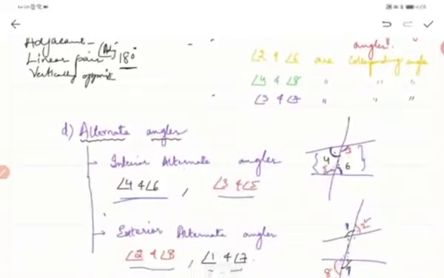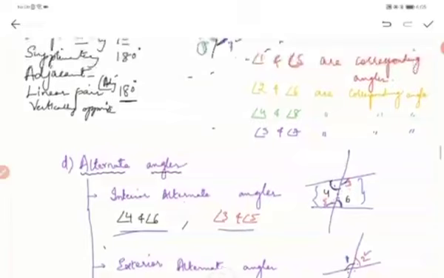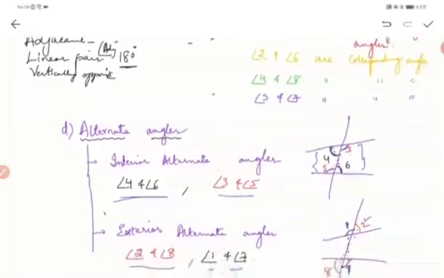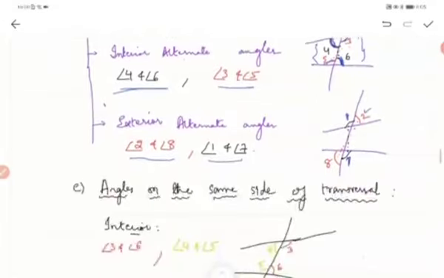Then what were alternate angles? The angles which are in alternate positions, again you will have interior and exterior. So the interior alternate angle pairs are 4 and 6, then 3 and 5. Exterior are 1 and 7 and 2 and 8. These are exterior alternate angles.